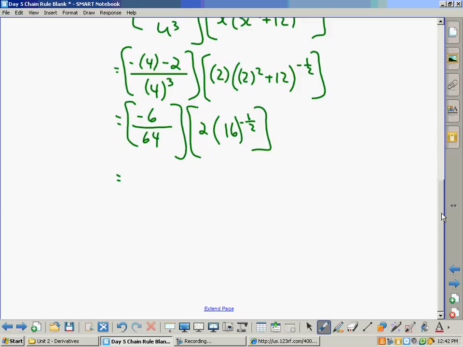Divide the top and bottom by 3 or 2, I think. 16 to the negative 1/2. Well, 16 to the 1/2 is the square root of 16. And the negative tells me to go on the bottom, so it looks like this.